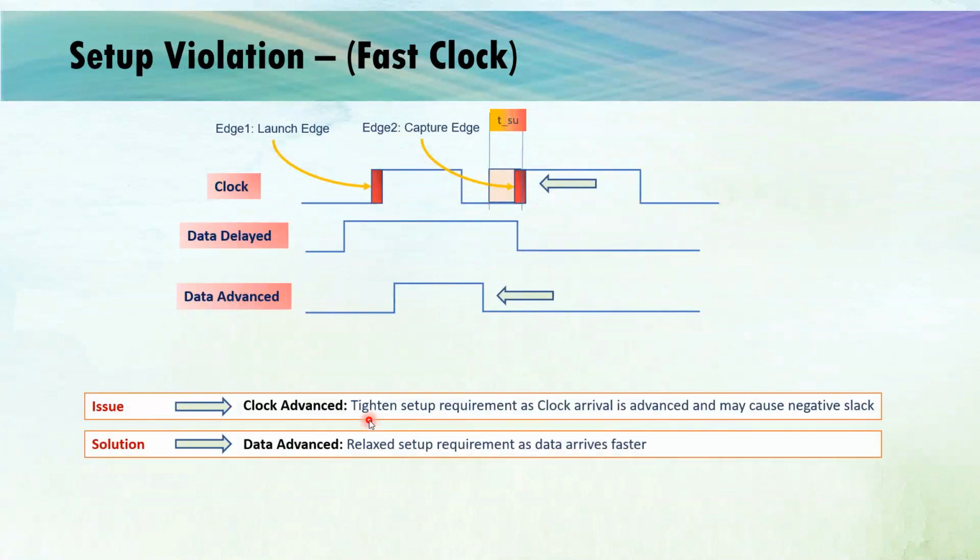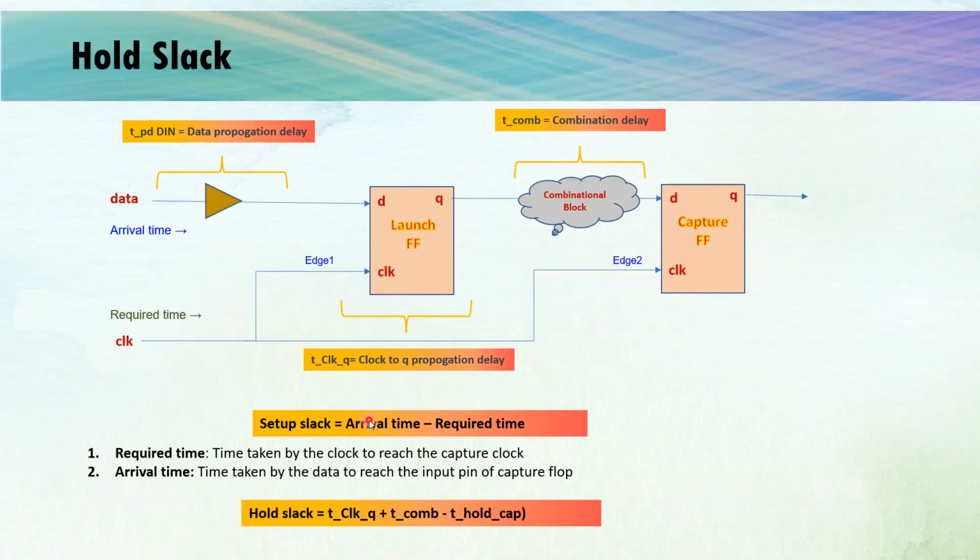Now you will understand what hold slack is. In the same fashion as the setup slack, we are going to take the same example. This is some data propagation delay, some combinational path, and then some clock to queue propagation delay. In the definition, we have already seen what hold time is.